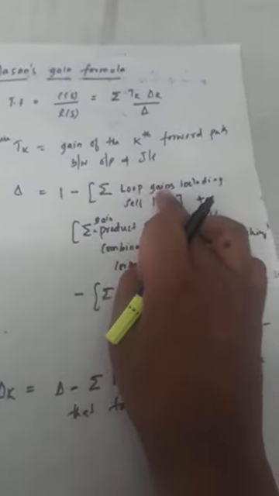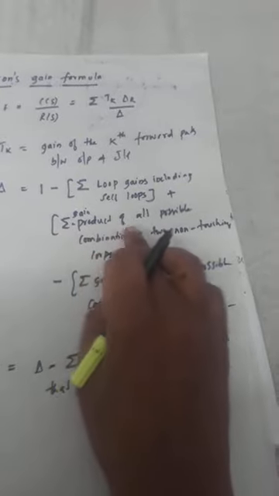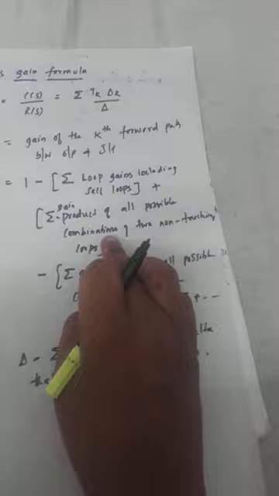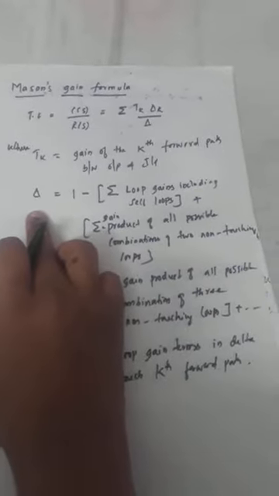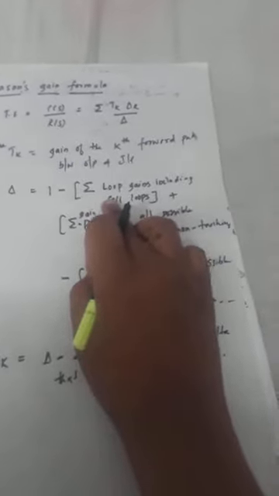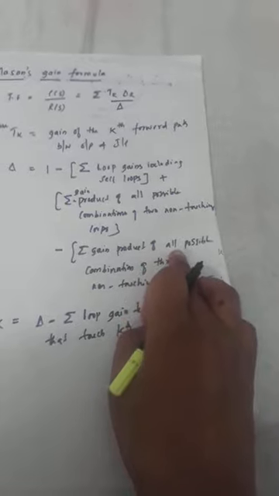the algebraic sum of loop gains including self loops, plus the algebraic sum of the gain product of all possible combinations of two non-touching loops, again minus the algebraic sum of the gain product of all possible combinations of three non-touching loops, plus and so on.